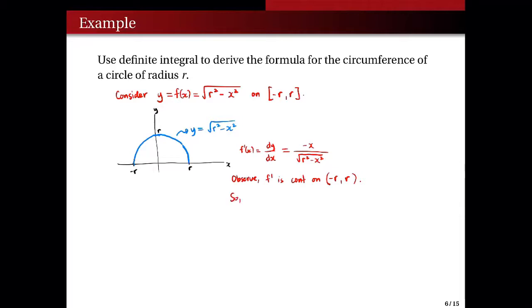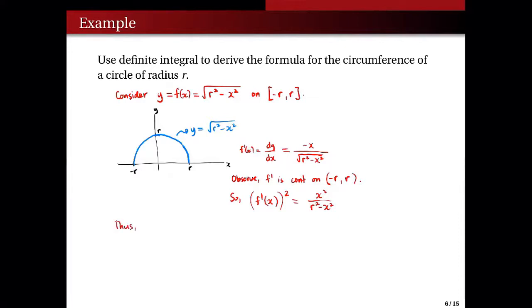Here, f prime of x, quantity squared, is simply x squared over r squared minus x squared. If you square this, negative x squared is just your x squared. You have the square root here; if you square it, it will disappear.